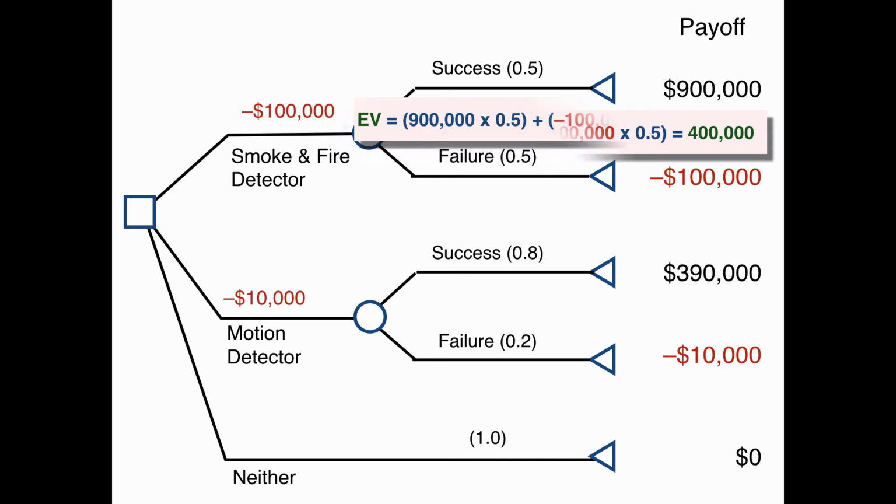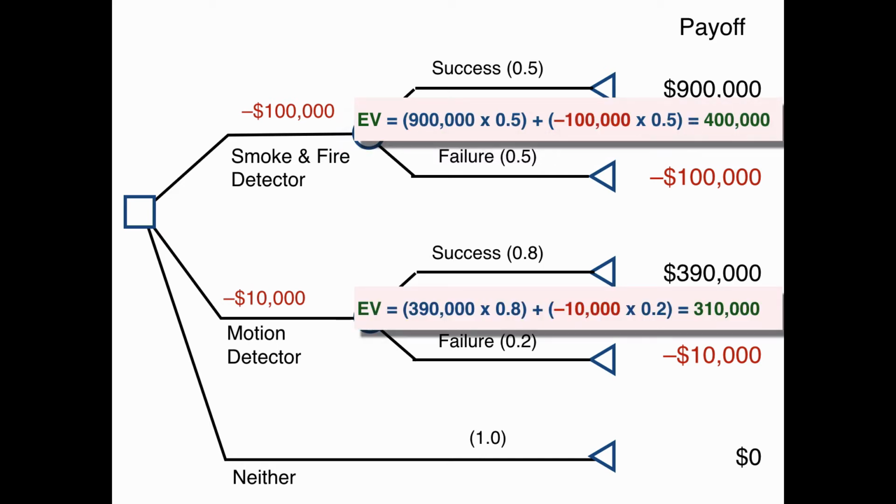Using the same process, there's the expected value for the motion detector, and of course the expected value for the bottom branch, where you haven't done anything but you haven't spent anything, is 0. Now the rules with this are your decision, so the figure you're going to use to guide your decision is the highest expected value.